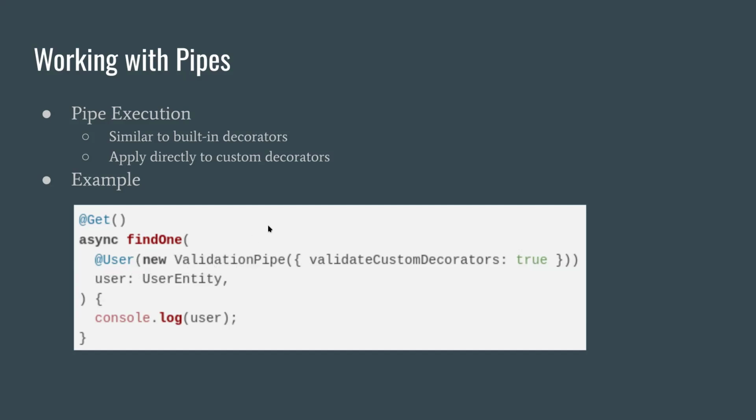So you can apply pipes directly to your custom decorators. One thing to note is that the validateCustomDecorators option must be set to true for this to work.